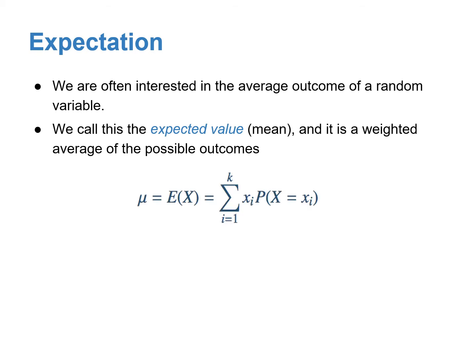We use the notation mu to indicate the mean or the expected value. E of X means the expected value of the random variable X. And we calculate it by taking each of the possible values, x sub i, multiplying it by its probability, and then adding those all up for all the different possible values of the random variable.